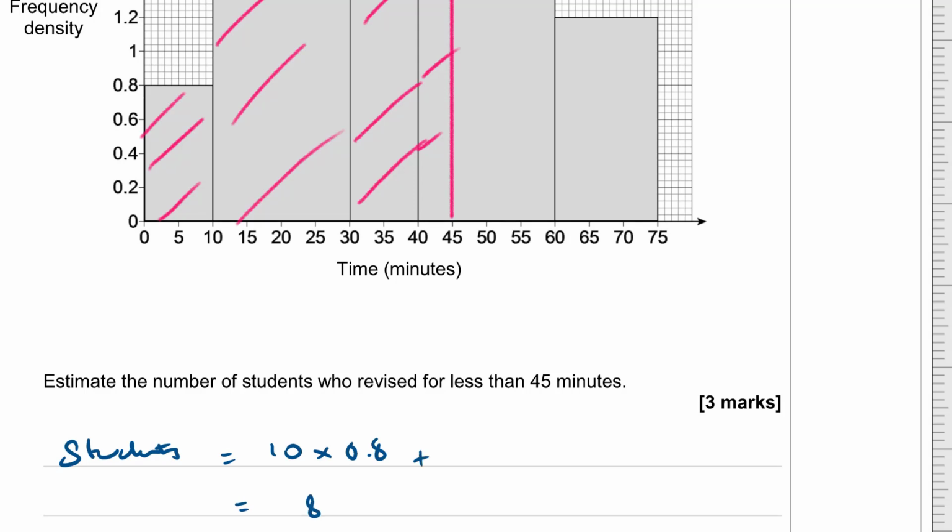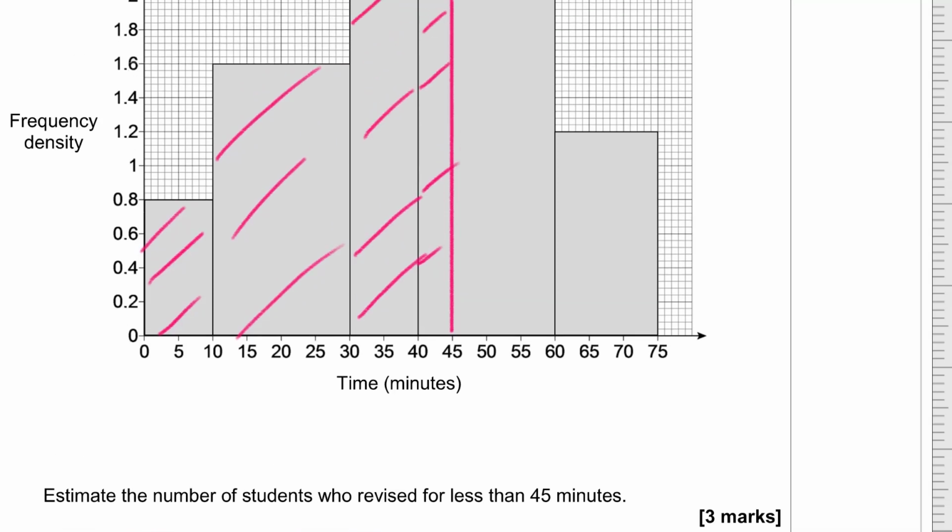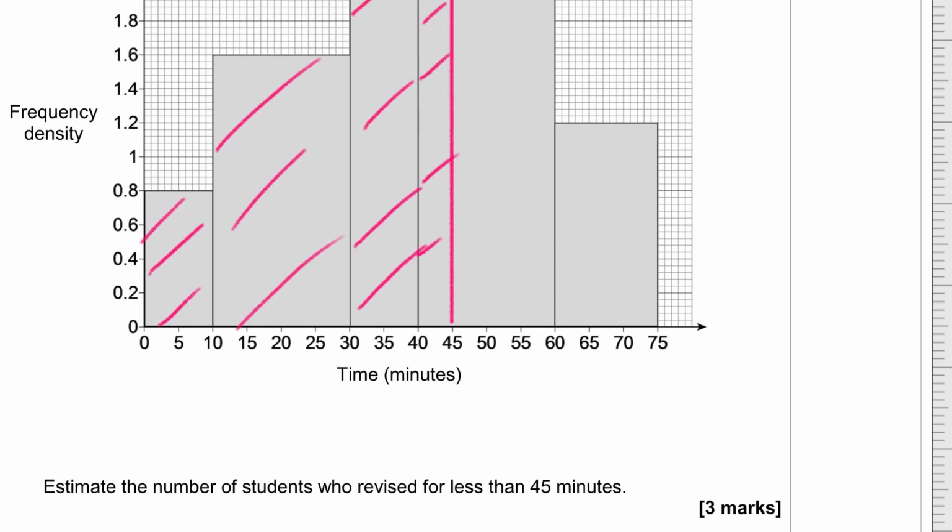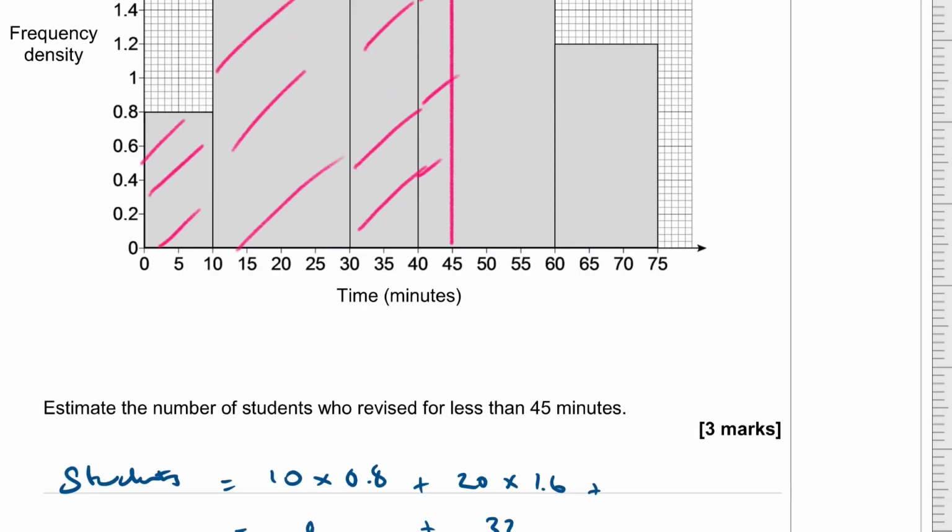Our second rectangle has a baseline going from 10 to 30, which is a width of 20, and it's got a height of 1.6. 20 times 1.6 is 32. Our third bar goes from 30 to 40 and has a height of 2.2.